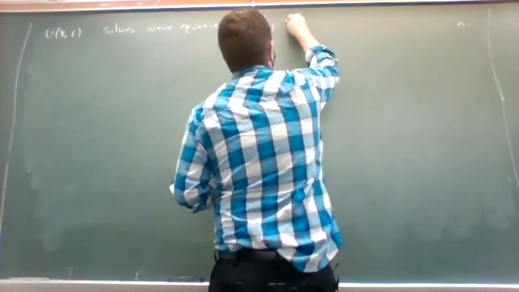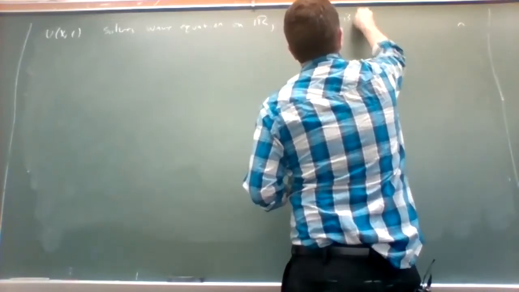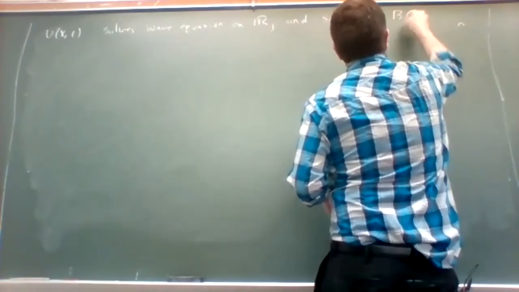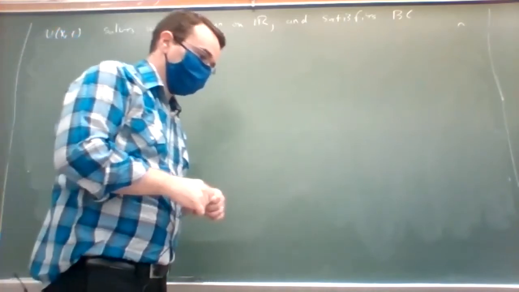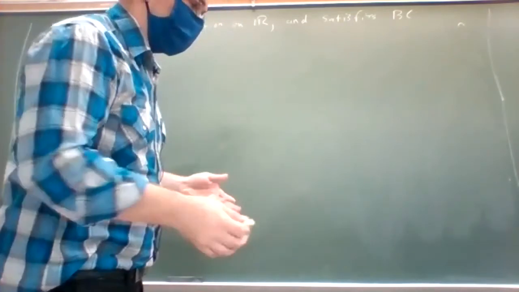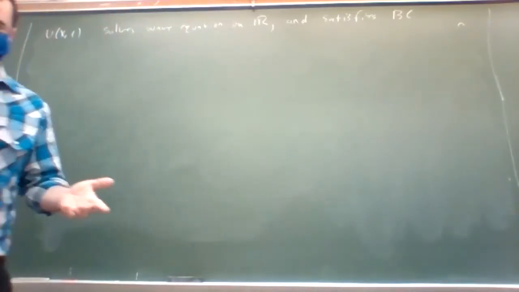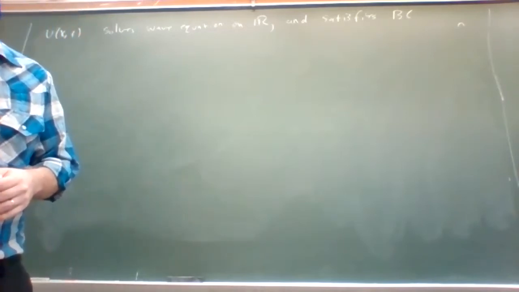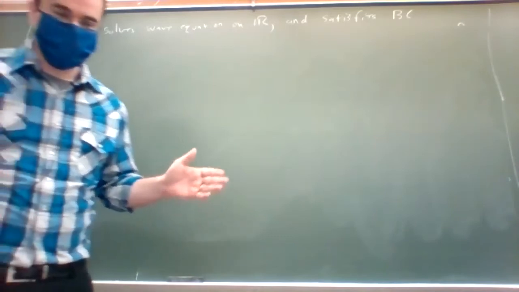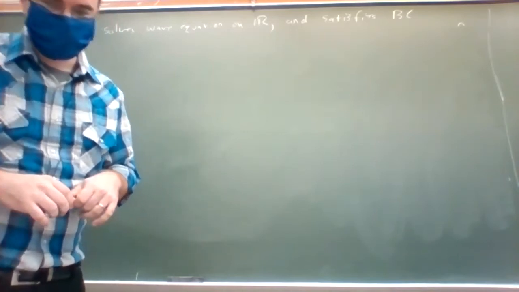And let's say that it also satisfies the boundary conditions: g(0) = g(L) = 0, h(0) = h(L) = 0. And what is it? For all time t, u(0,t) = 0, u(L,t) = 0.